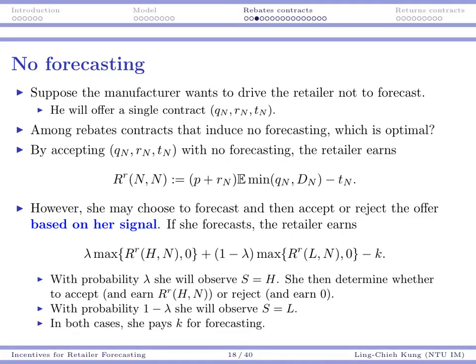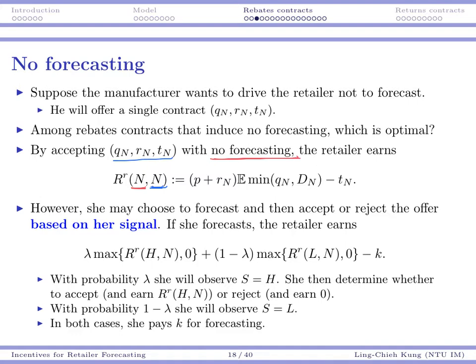Suppose the retailer accepts this offer and does not do forecasting. The retailer is going to earn R_r of N, N. Okay, here the first N means the retailer's type is N, no forecasting, because the retailer does not forecast, and also the retailer chooses the contract intended for the one who does not forecast.